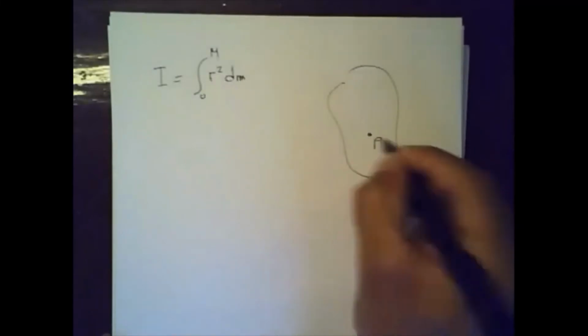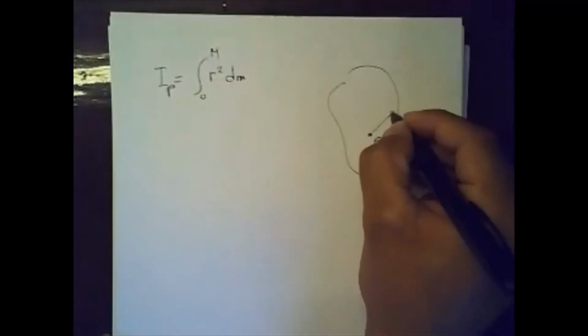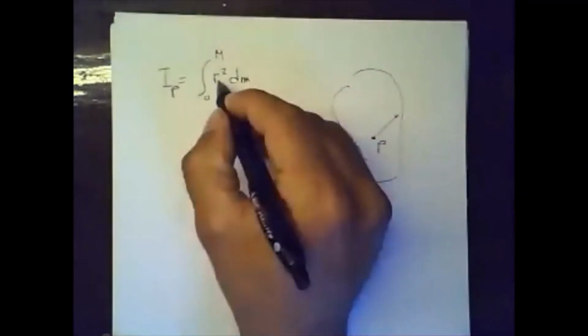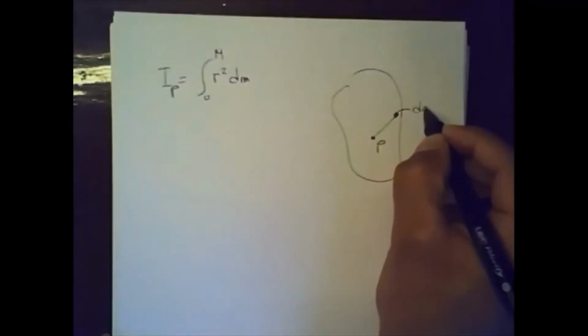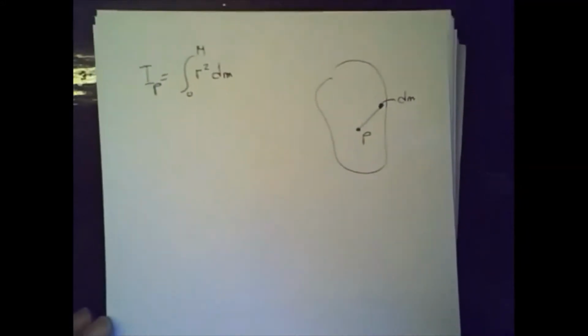If I were finding the moment of inertia about, let's say, this point P, R is measured about point P for the whole rigid body. So R is the distance of this dm with respect to that point P.